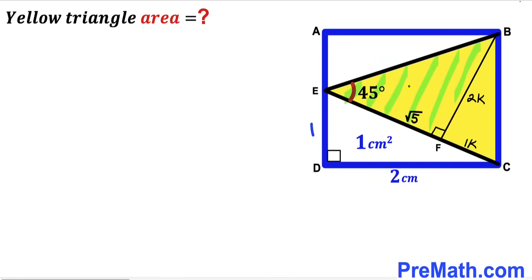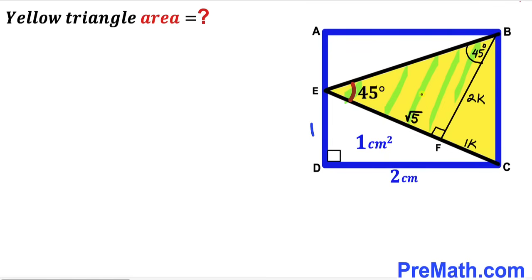And now let's focus on this right triangle BFE. We know this is our 45 degrees angle and this is our 90 degrees angle. So this angle has got to be our 45 degrees angle as well, since the sum of these three interior angles must be equal to 180 degrees. And since this angle is 45 degrees, this angle is 45 degrees as well.